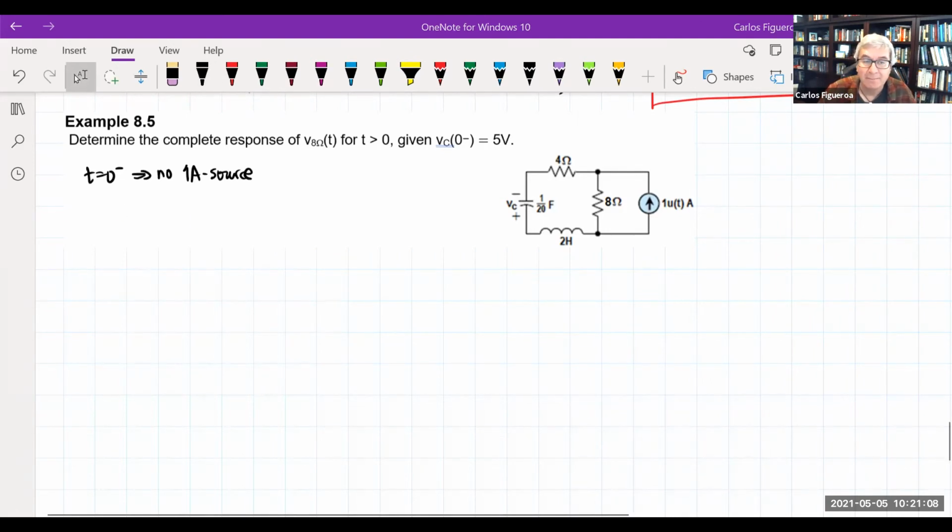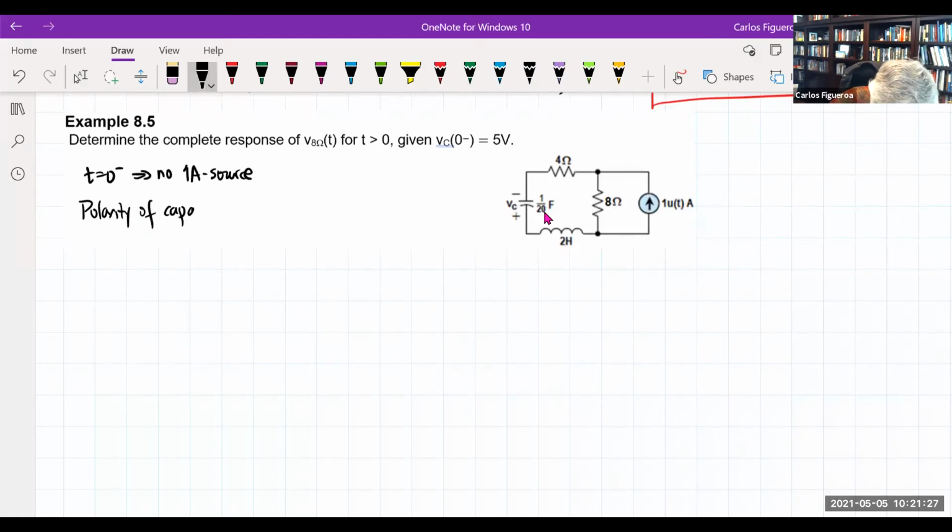And because it's in the opposite direction of the current, I have to give it a minus sign. So note that the polarity of the cap is opposite of the current source.